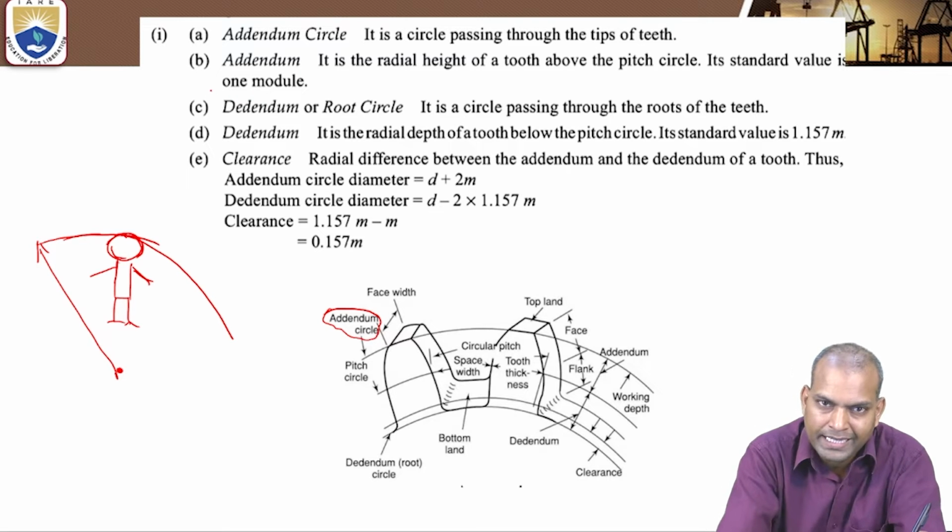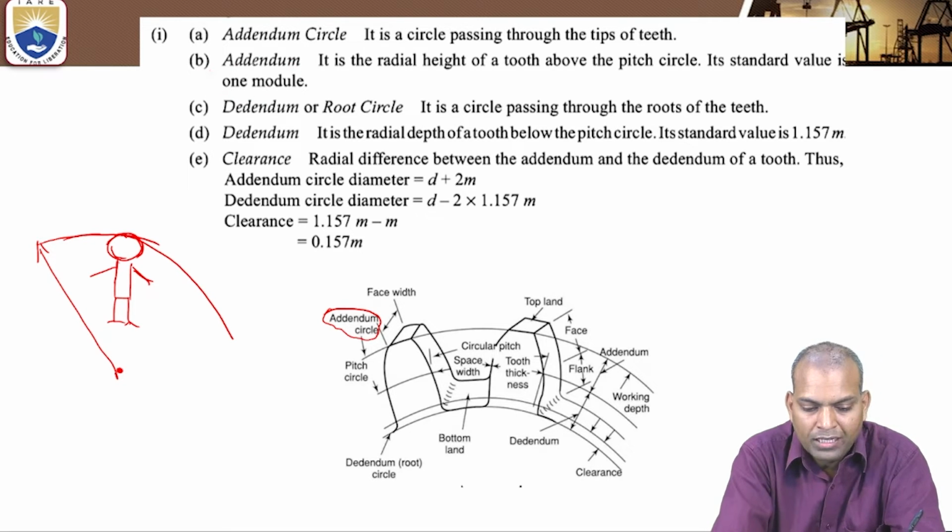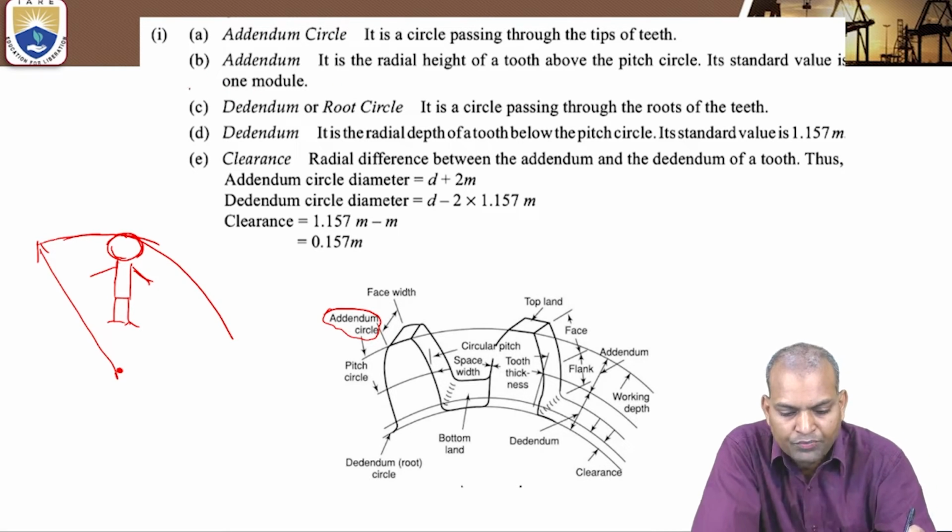Next, the addendum. It is the radial height, that is, the addendum circle diameter minus the pitch circle diameter, divided by 2. That is known as the addendum. The standard value of addendum is 1 module.